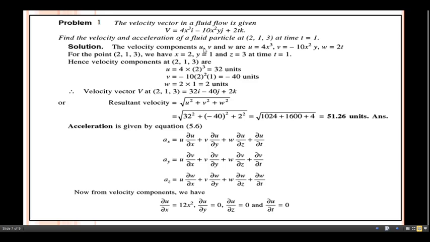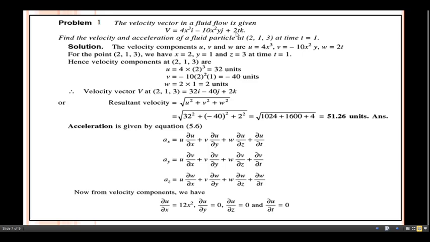The velocity components u, v and w are, according to the relation given in front of you, written one by one. Before that, consider the general vector form of velocity: v equals u i plus v j plus w k.